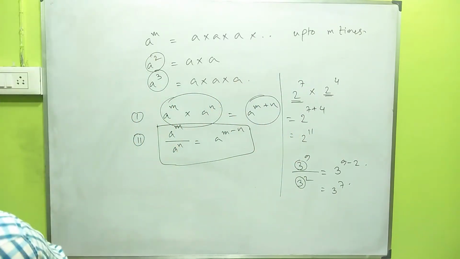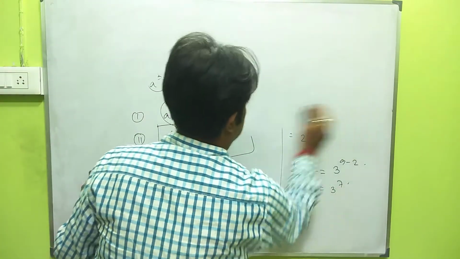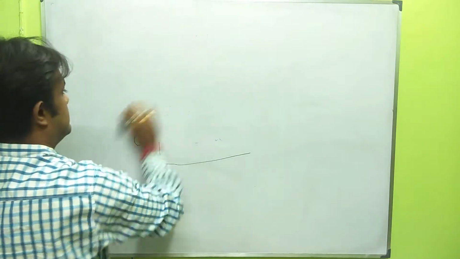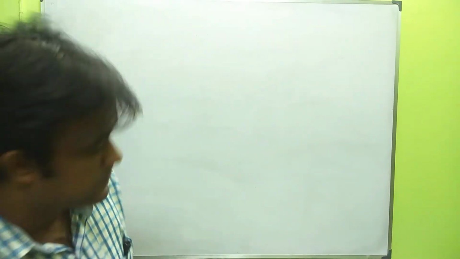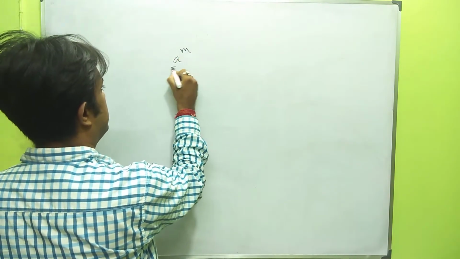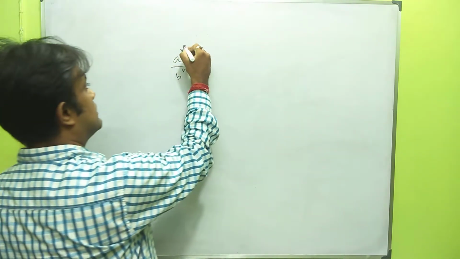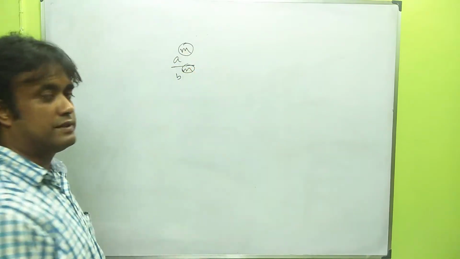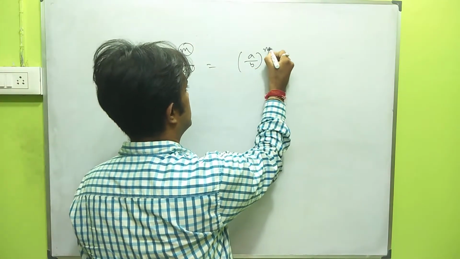Now we are going to discuss another law of indices. First, a to the power m by b to the power m. Suppose the power is the same, then it can be written as a by b to the power m.